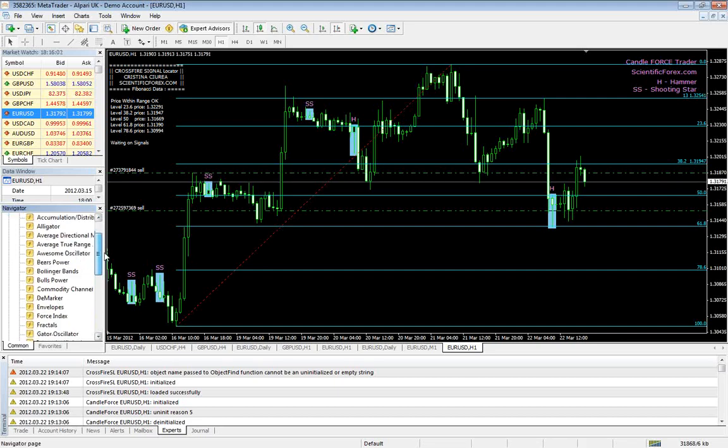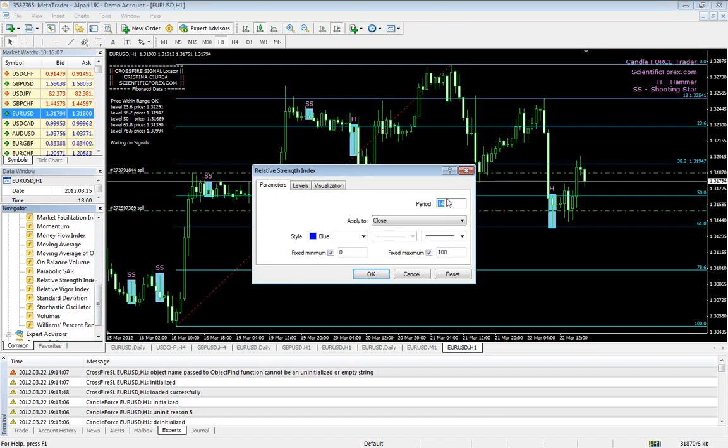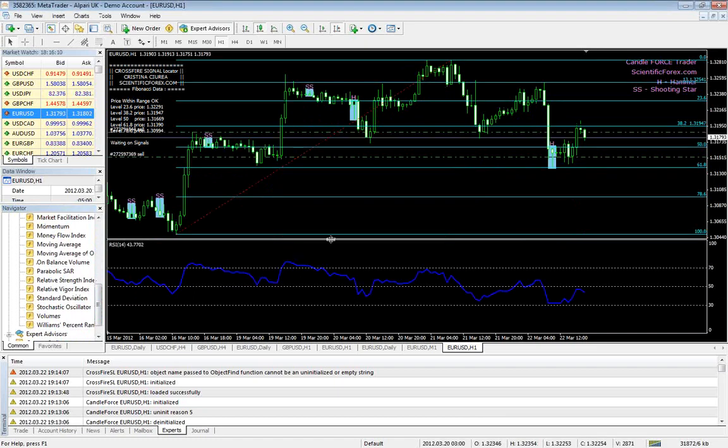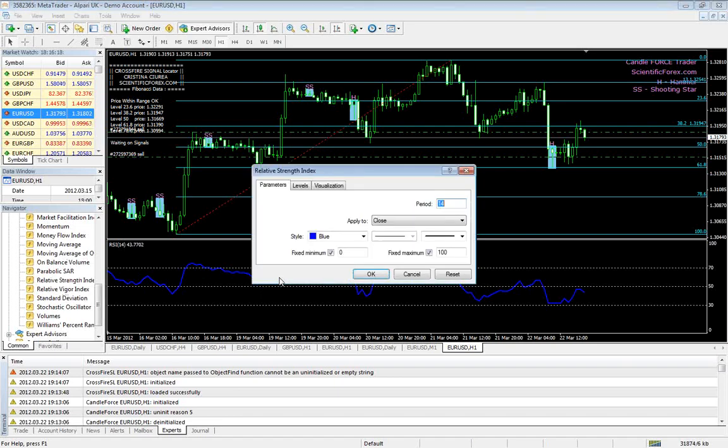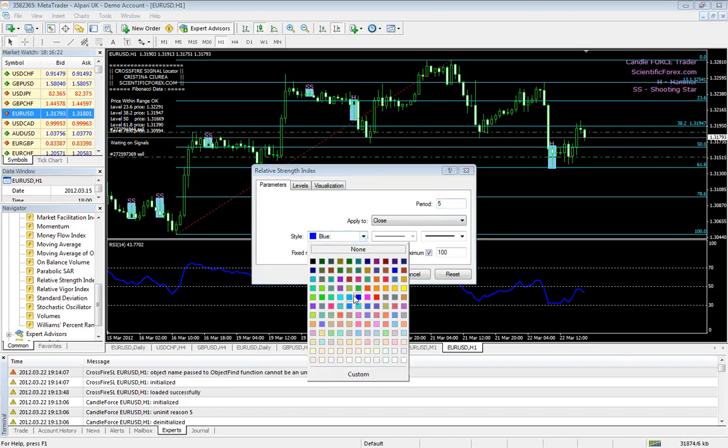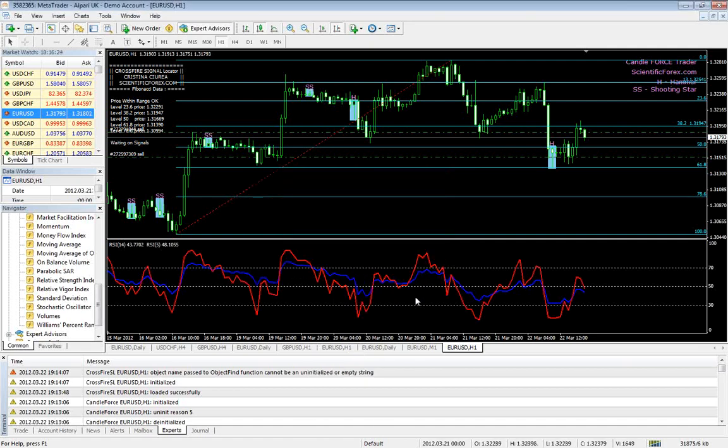So here under the indicators, you can see relative strength index. Just drag and drop it to your chart. Okay, we have 14. And if you want two RSIs in the same window, just drag and drop here to the same sub window. I'll put here 5 and a red one.